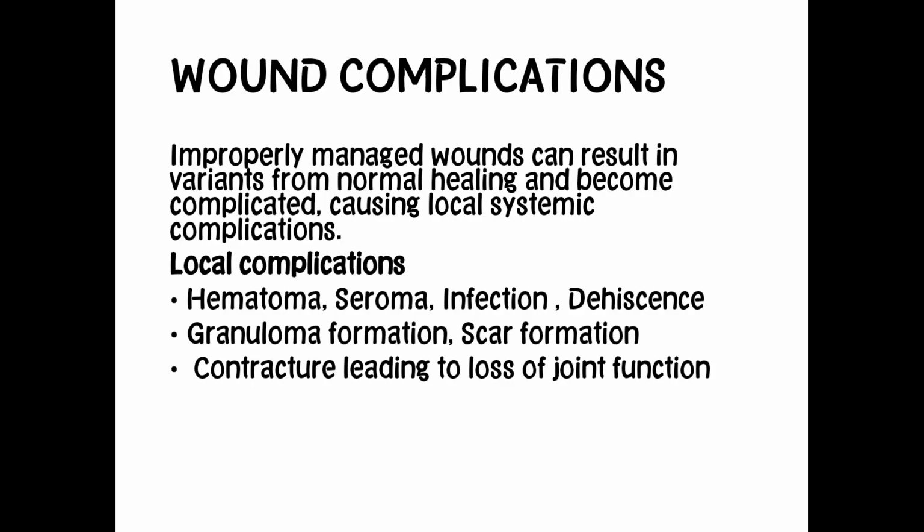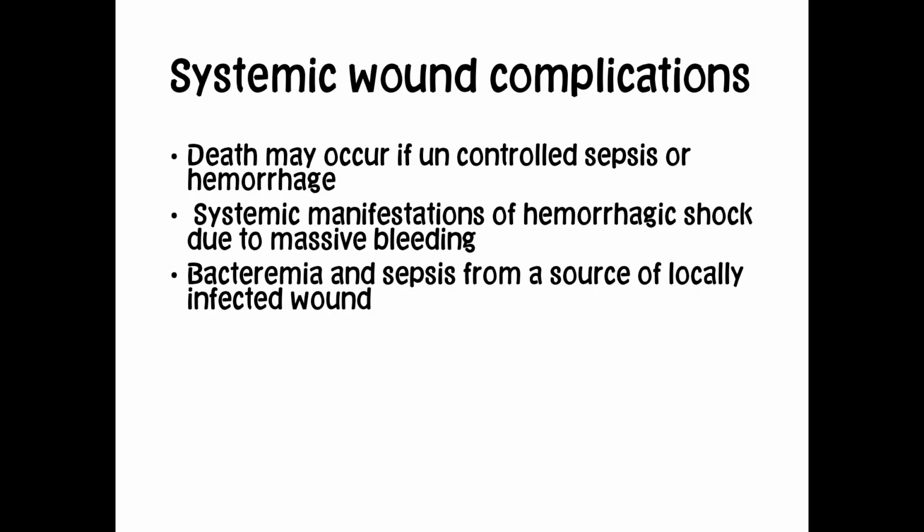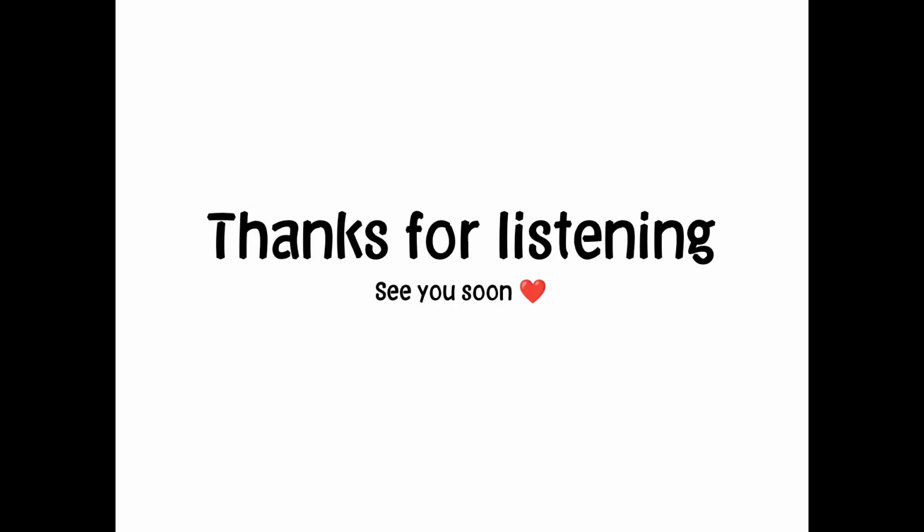Common local complications include hematoma formation, seroma, infection, dehiscence, granuloma formation, scar formation, and contracture formation, and this can lead to loss of joint function. On the other hand, systemic wound complications may include death in case sepsis has developed and there is severe hemorrhage. More so, systemic manifestation of hemorrhagic shock due to massive bleeding may also occur. Bacteremia and sepsis from a source of locally infected wound may also develop.